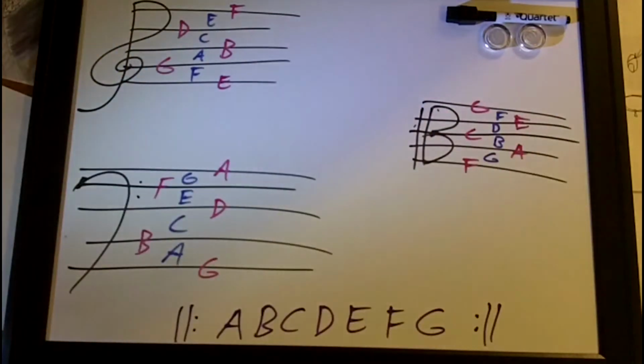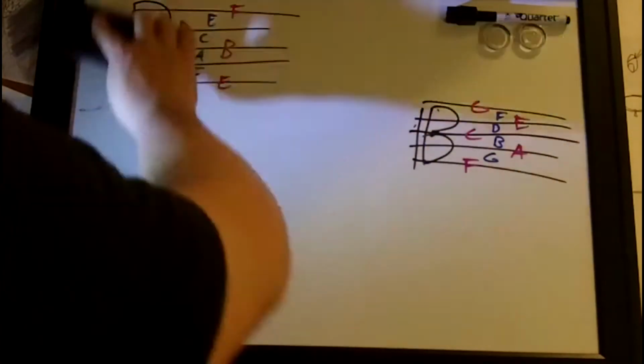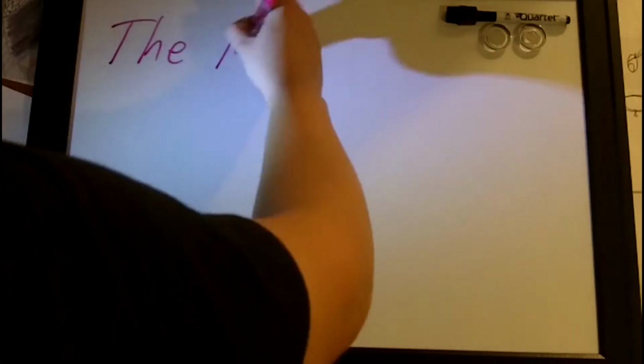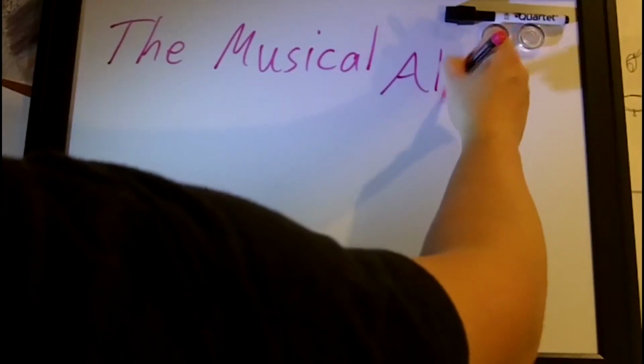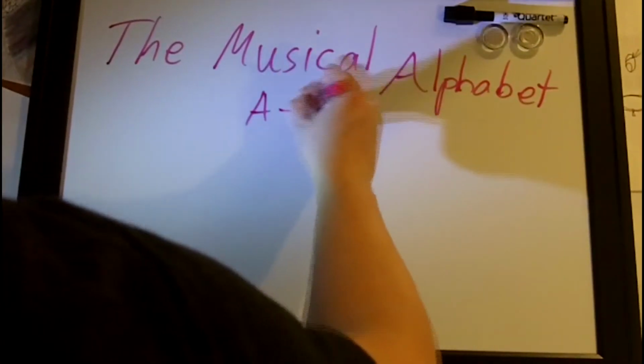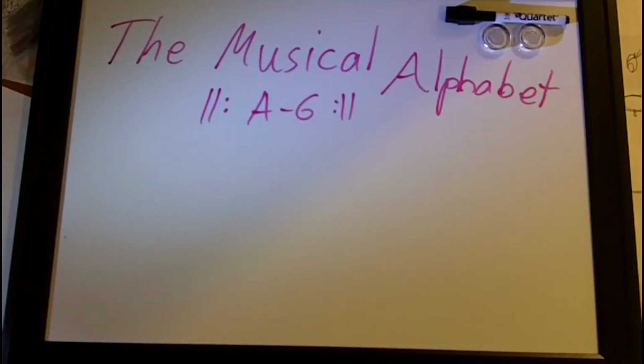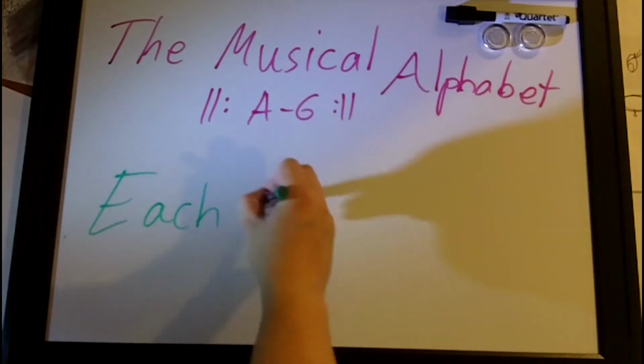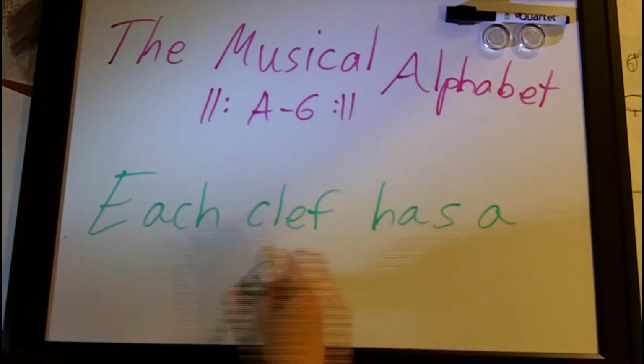All of this works. So just remember, the musical alphabet is your best friend. It goes from A to G and then repeats itself. And each clef has a clue.